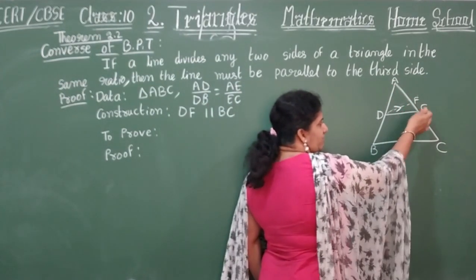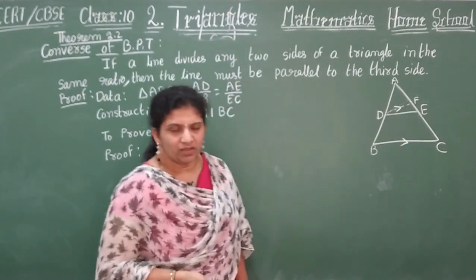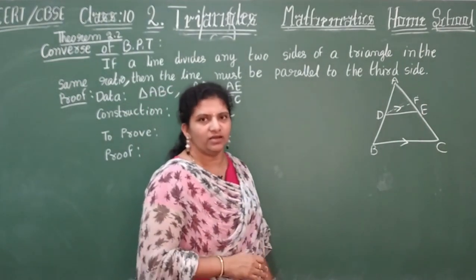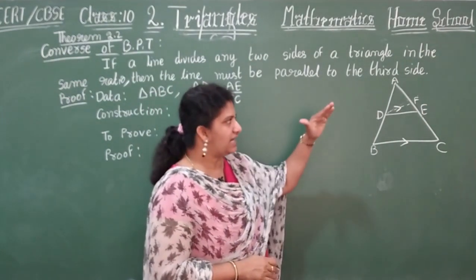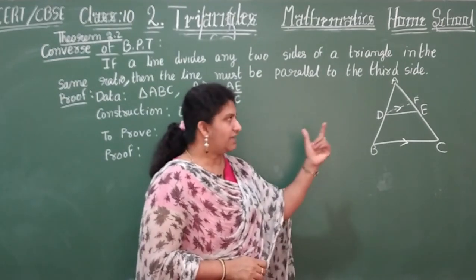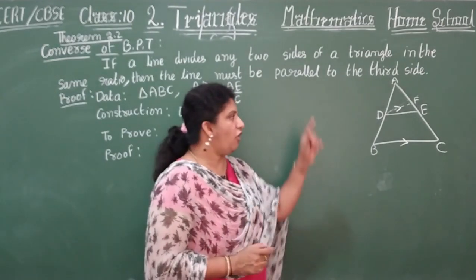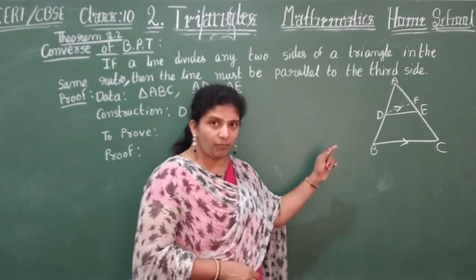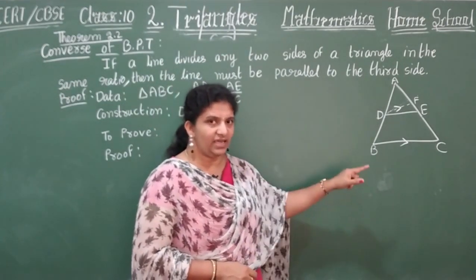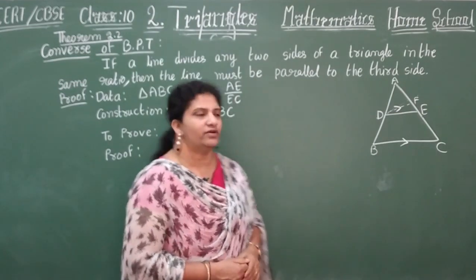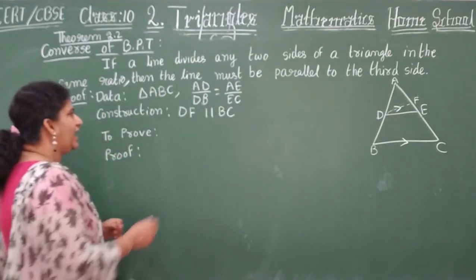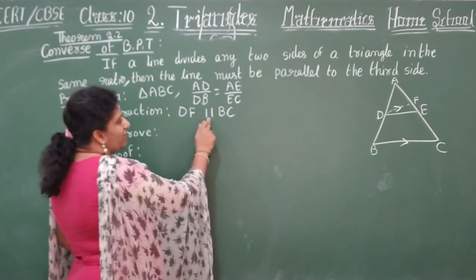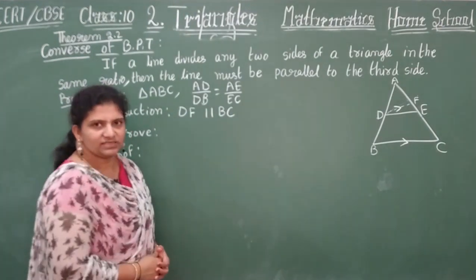I don't know. This F might be lying on E only. But we need to prove that, right? So for that purpose, a little slant I have drawn there. Consider a point F on AC. Join DF such that DF is parallel to BC.